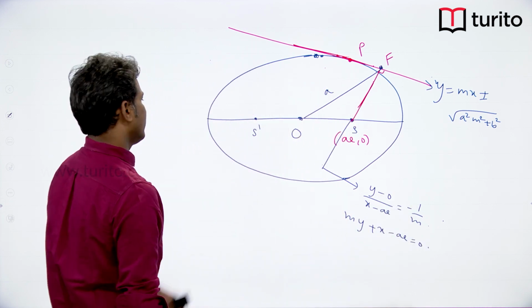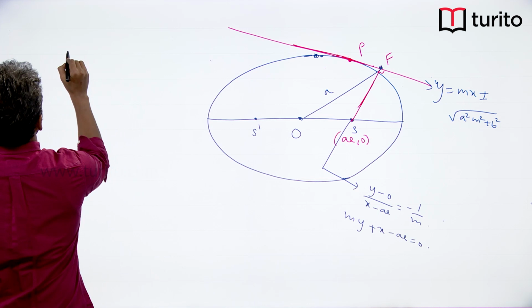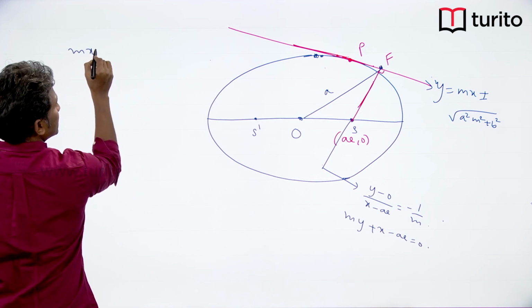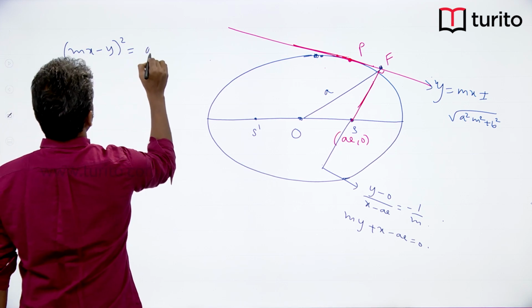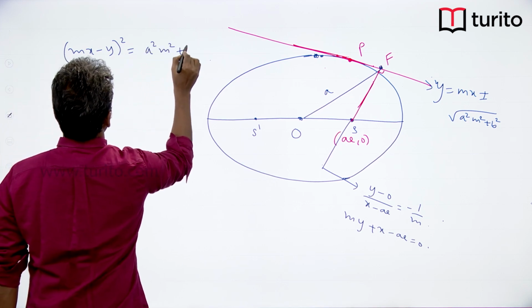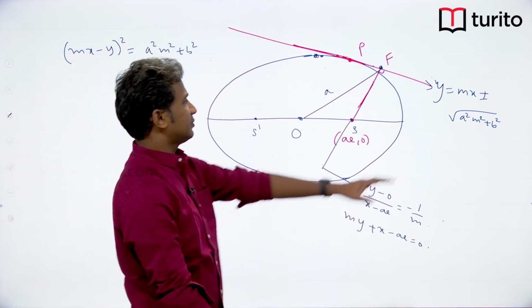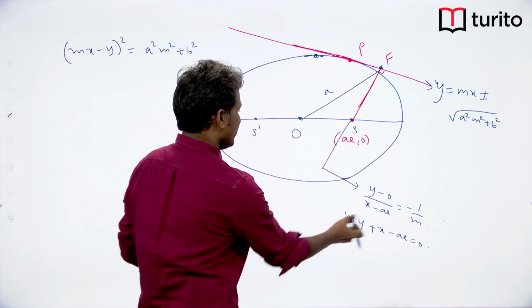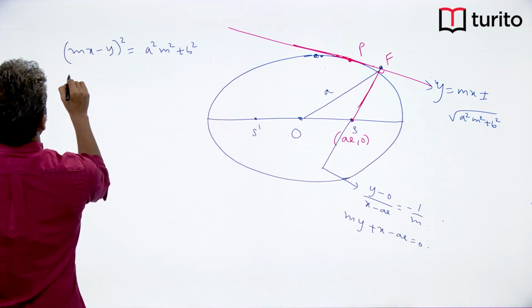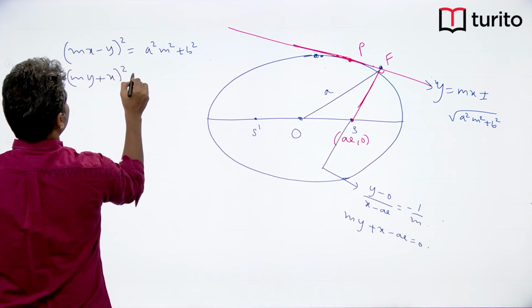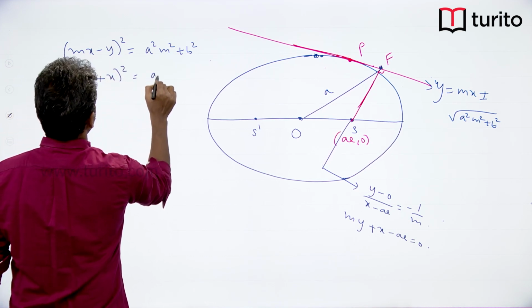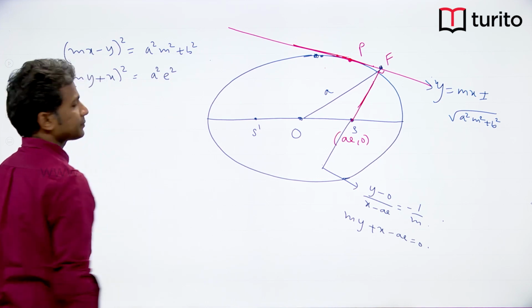So, basically equation looks like this. We have one term which is mx minus y whole square is equal to a square m square plus b square. This is what I got from RHS, and we have one which is like my plus x whole square is equal to a square into e square.